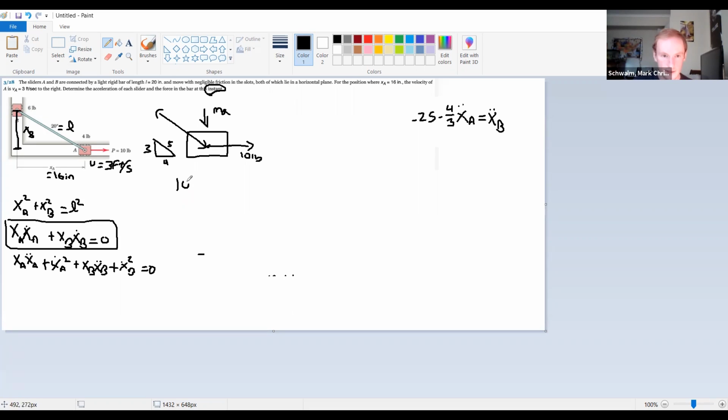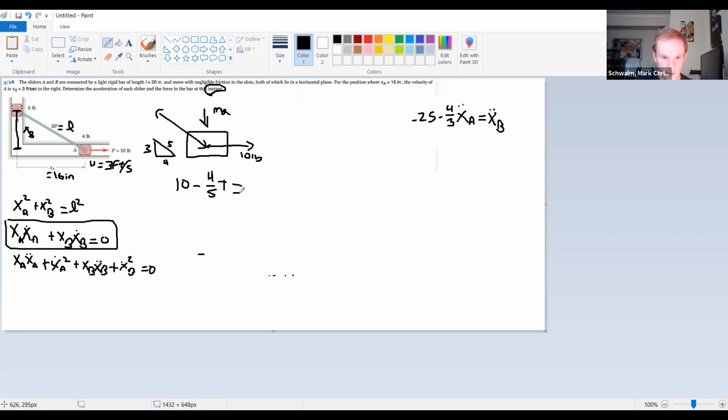So we got 10 minus, looks like the tension is going to be pulling it this way, so 4 over 5 of the tension.